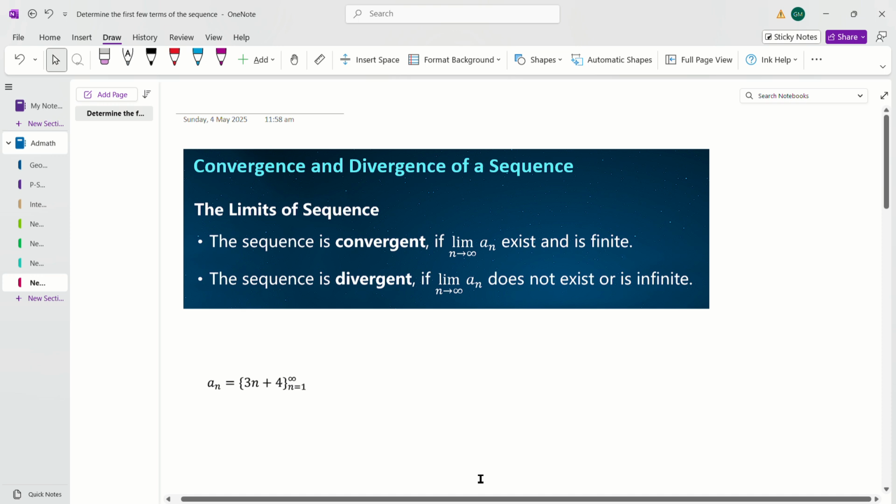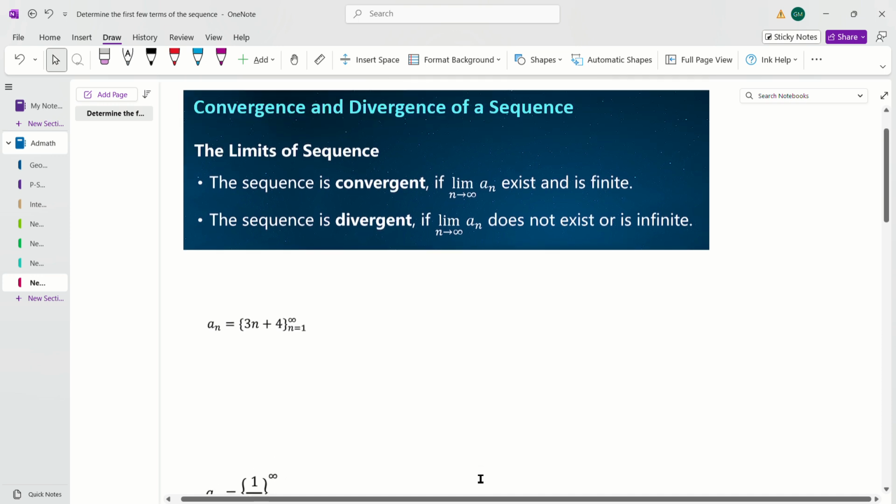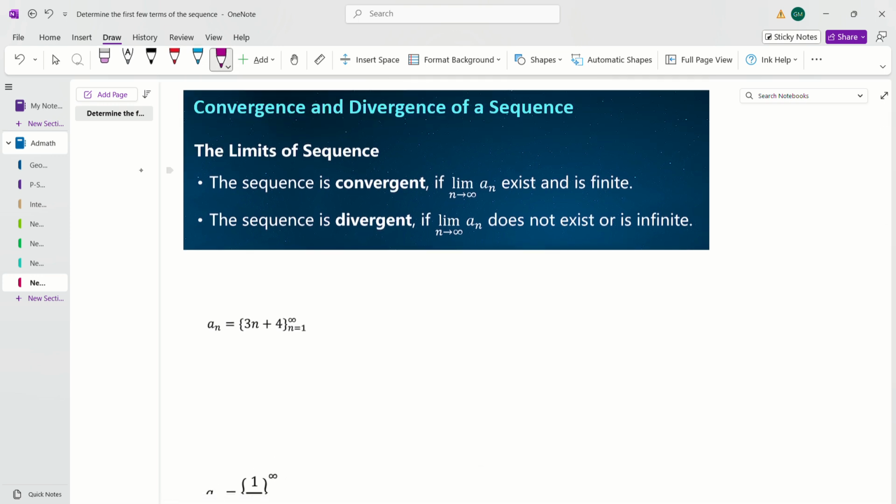Given that we have a sub n equals 3n plus 4, and we need to evaluate it from 1 up to positive infinity. Let's try to find the first few terms.